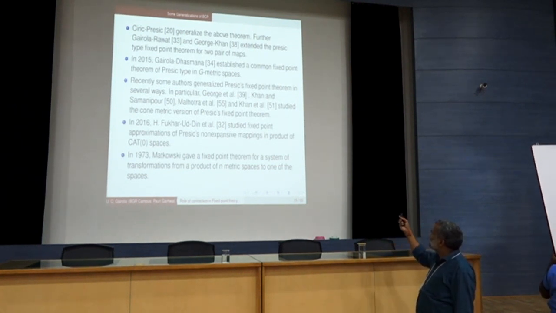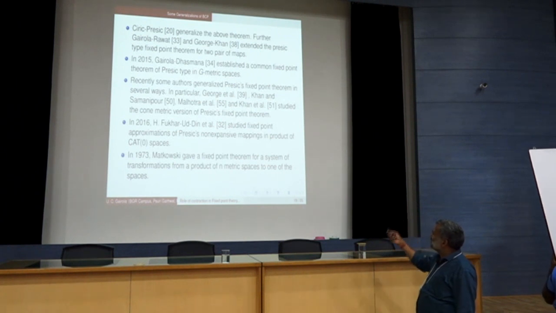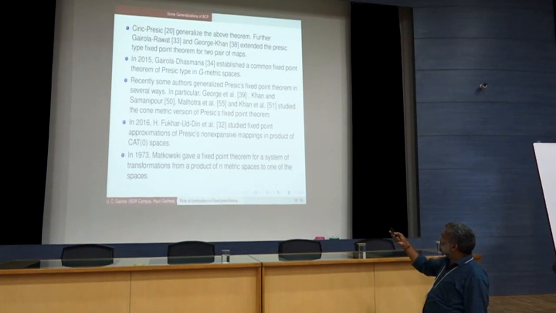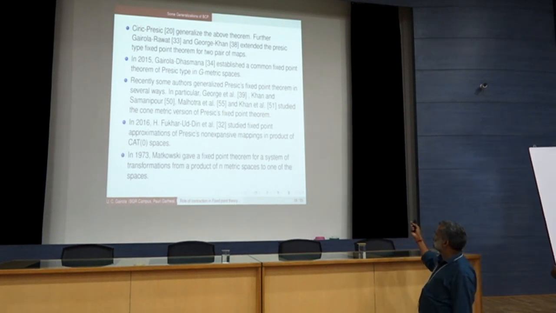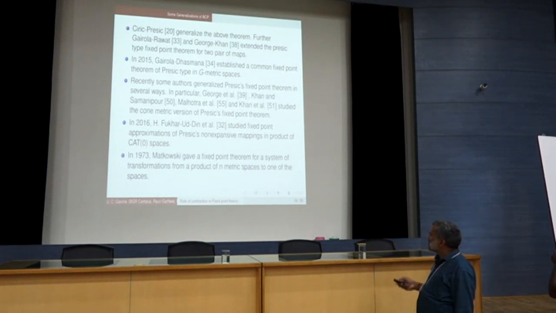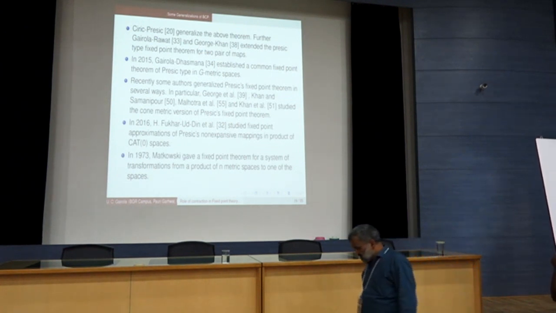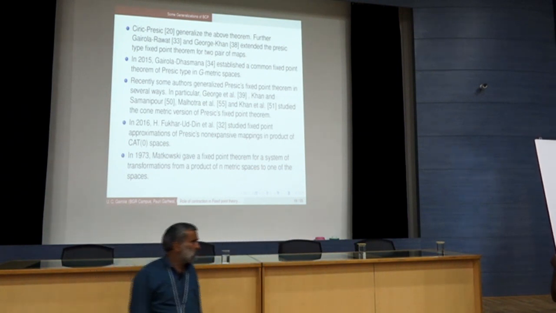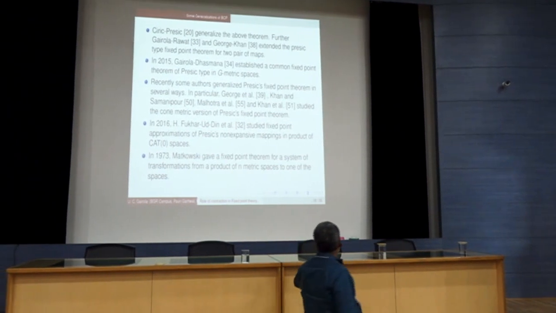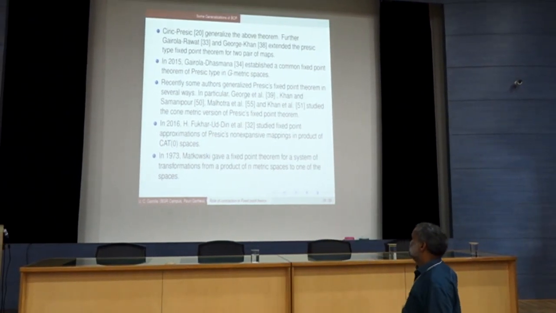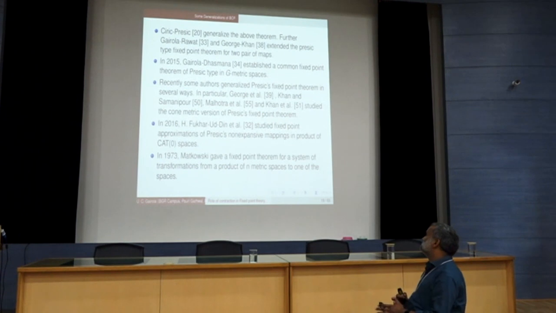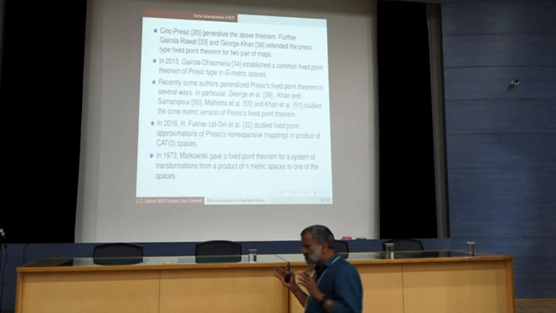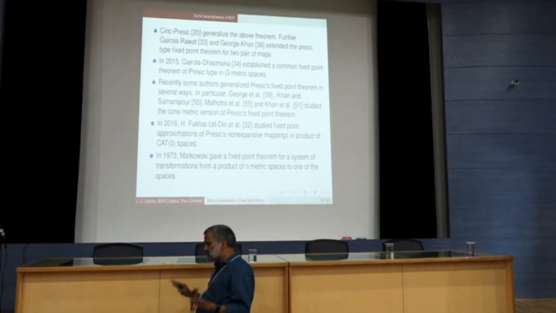In particular, George, and there are so many authors who generalized these results. Another result is studied in fixed point approximation of Presic type for the product of CAT(0) spaces. Another result is given for the product of metric spaces, where generally you take a metric space and then take the product of these metric spaces by the same metric space.